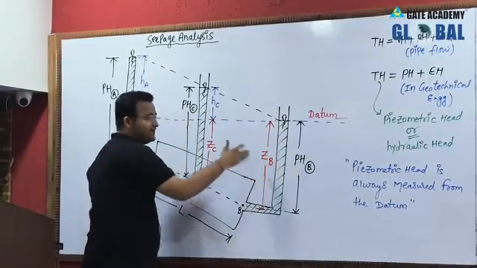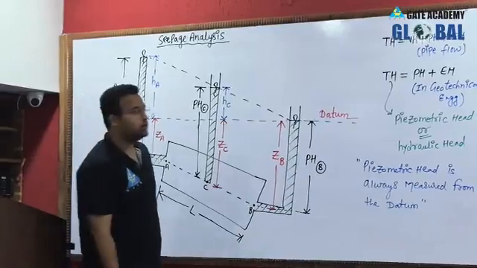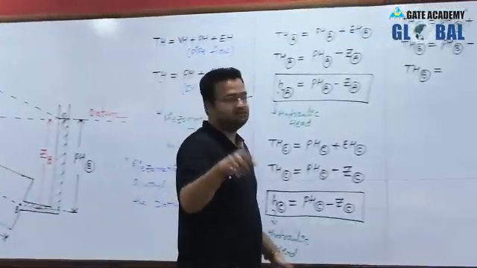One is positive, one is negative, so the value becomes 0. So the total head at B is 0.